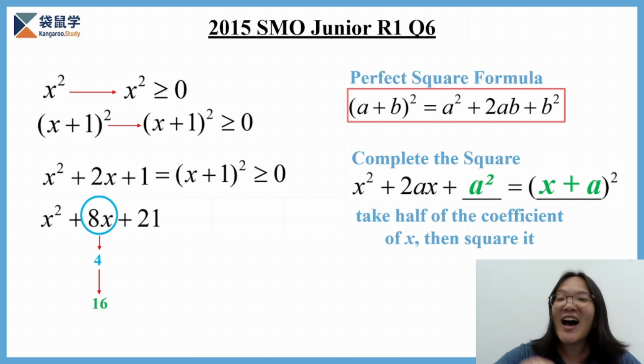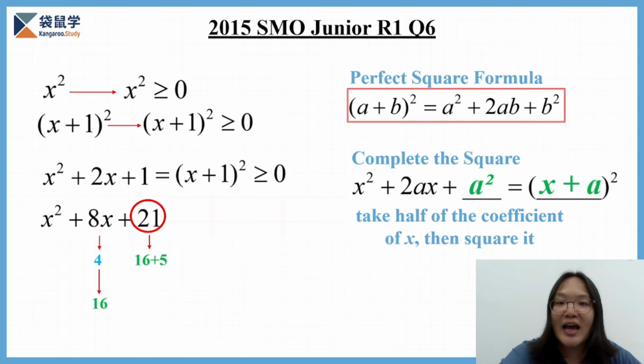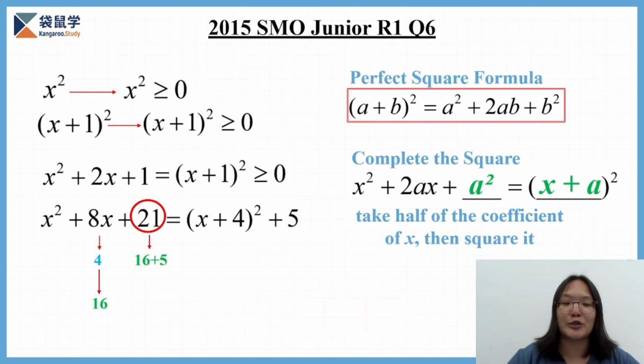Rest assured, does 21 contain 16? Yes, it does. So we can write this 21 as a sum of 16 and 5. So here, besides the 16, we have an extra 5. And still, we can write the perfect square like this, but followed by the extra 5.